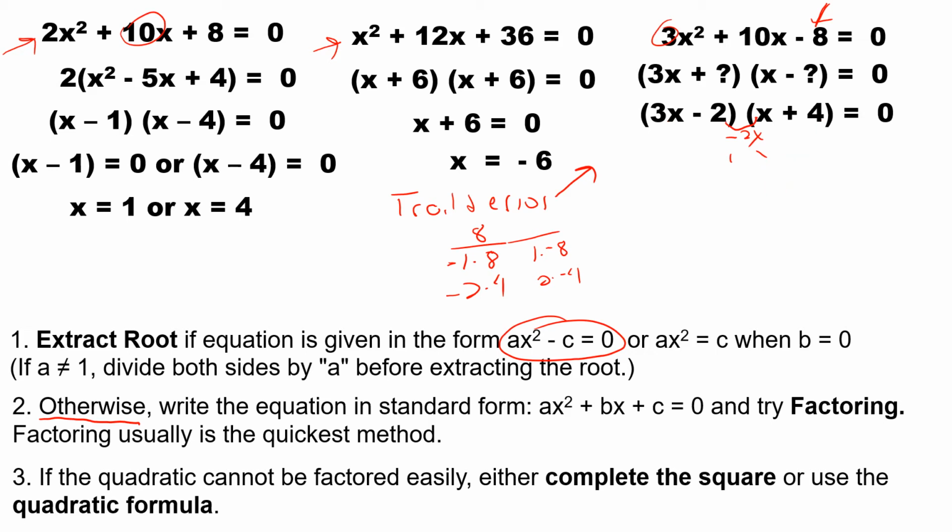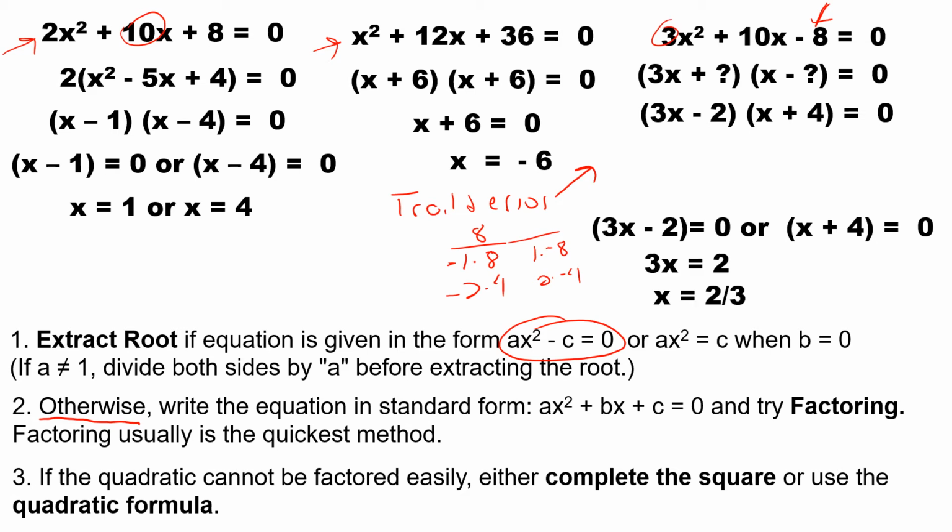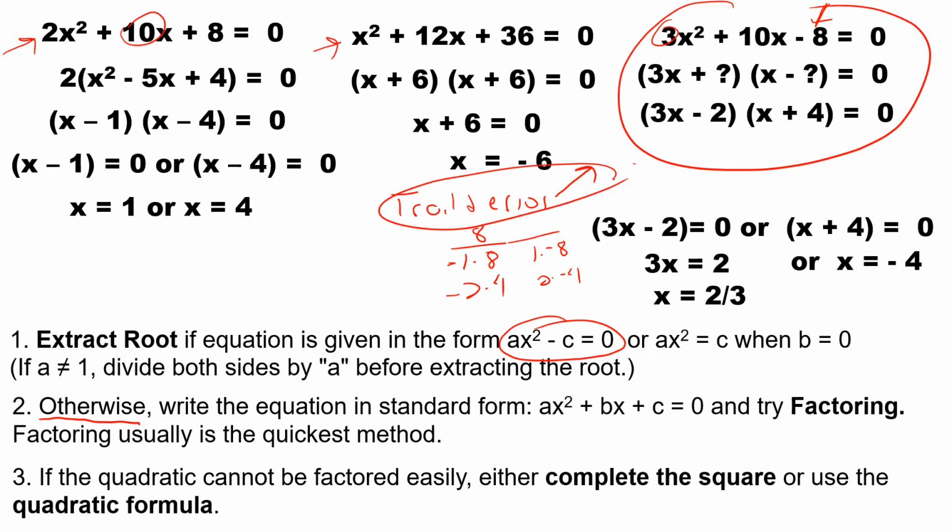But as you can see, I did factor it correctly because I did get that middle term. Set each to 0 and then solve for the unknown. So when you get this scenario where it's trial and error, you really want to use number 3. So let's look at some of those.